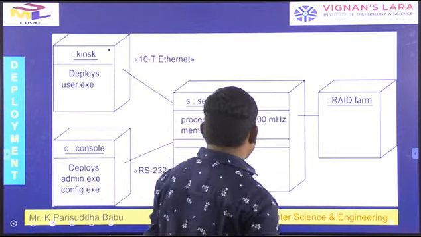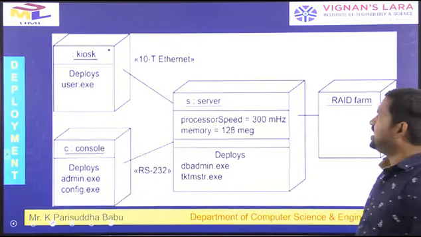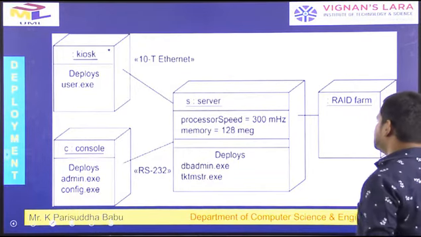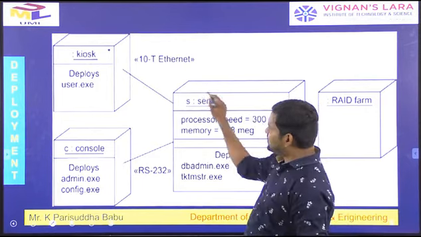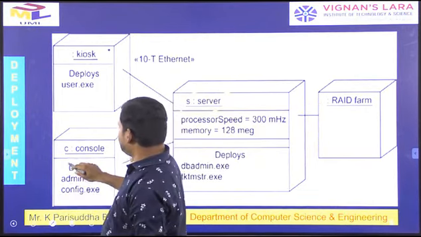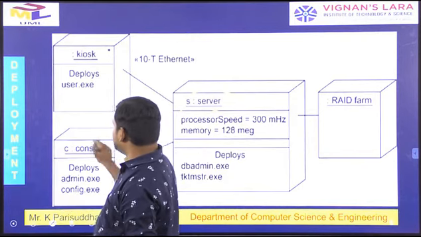Right, next. This is one important place where we use association in between the different nodes. This node represents a server. This node represents a console.